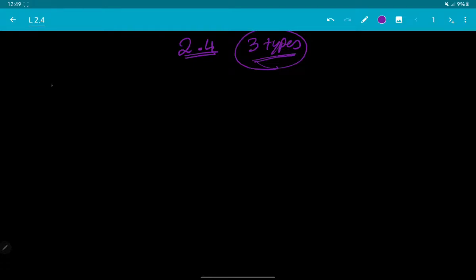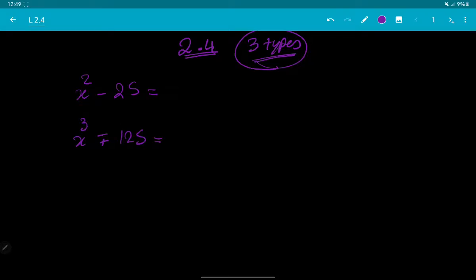The first type is difference between two squares. For example, x squared minus 25. This is the first type, how to factorize this. The second type is difference or sum between two cubes.